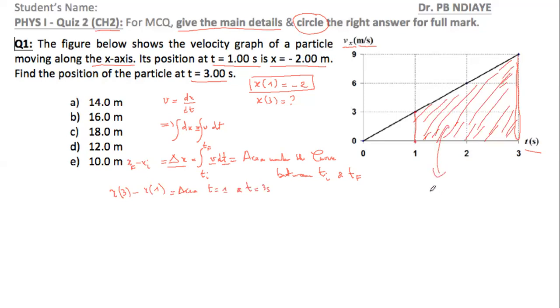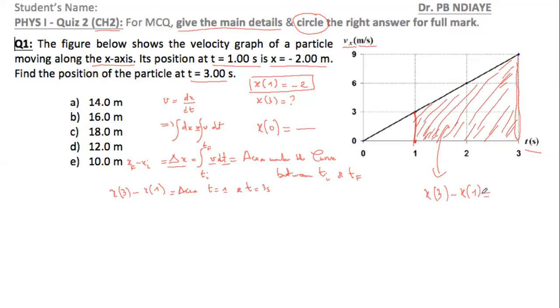So this area is nothing but x3 minus x1. It's not equal to x3, okay? And be careful, you have to start it from 1, not from 0, because I did not give you x0. If I gave you x0, there you can start from x0. But here I gave you x1. So the area I'm concerned with is this area.